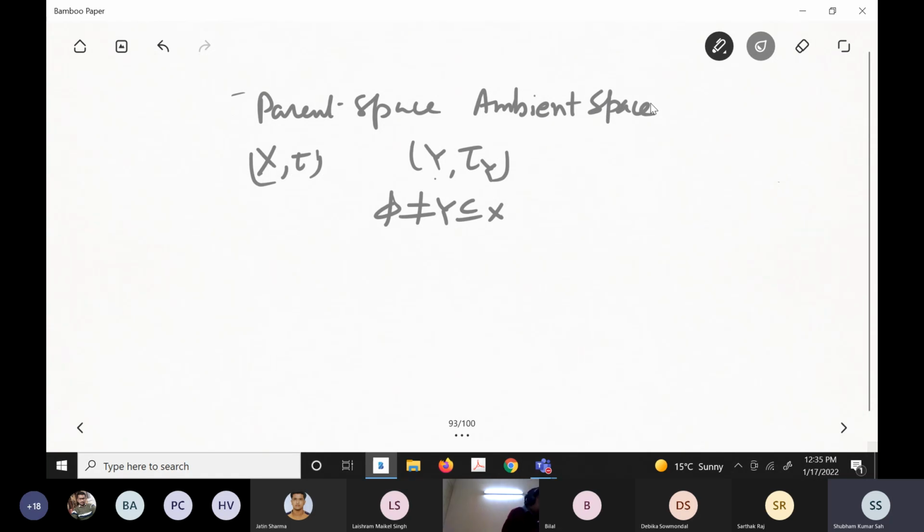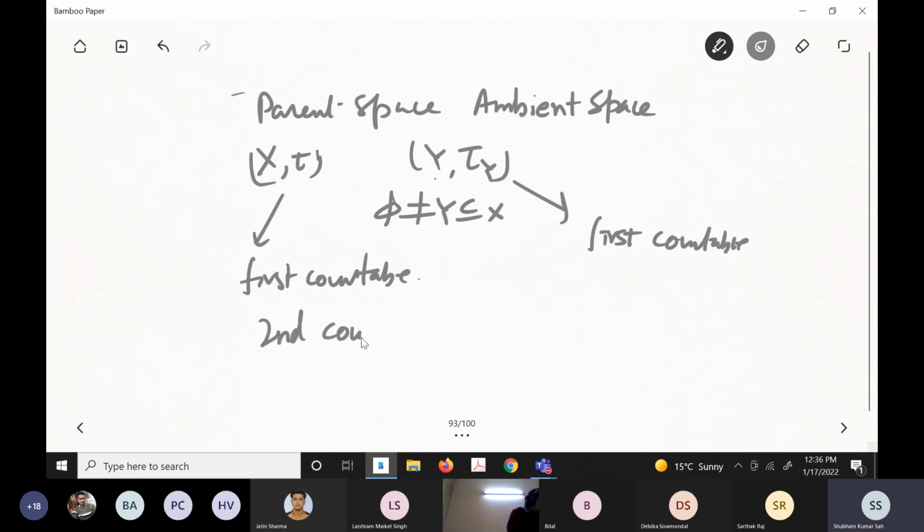Now look, suppose I have first countable here. Will the subspace be first countable? That means at each point here we also have a countable local base. If it is second countable, will it be second countable? Yes, that is true. The proof is very straightforward.